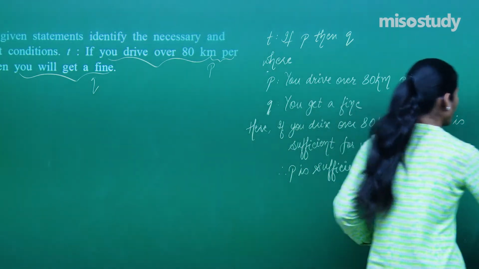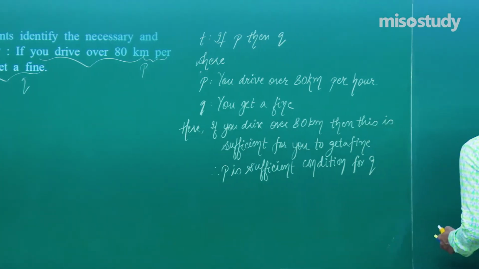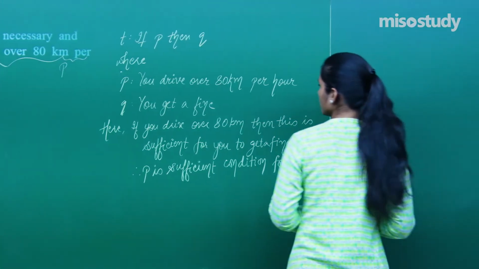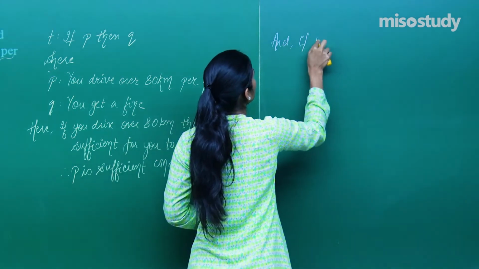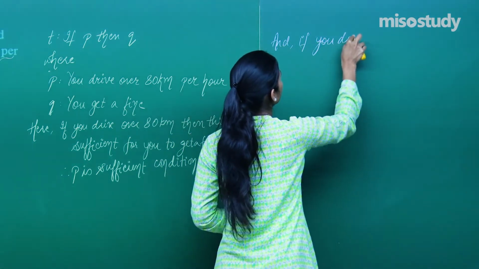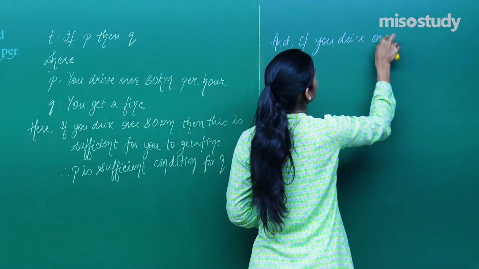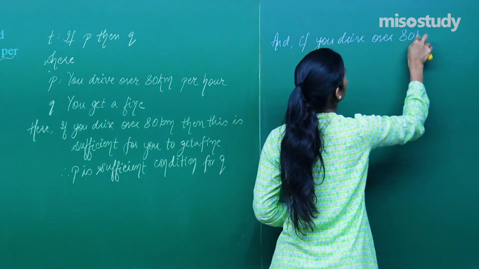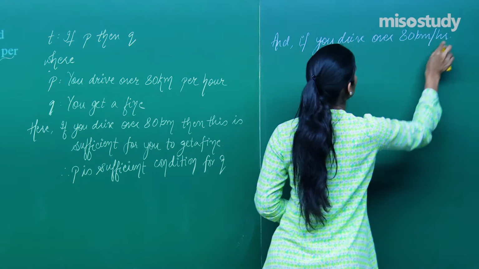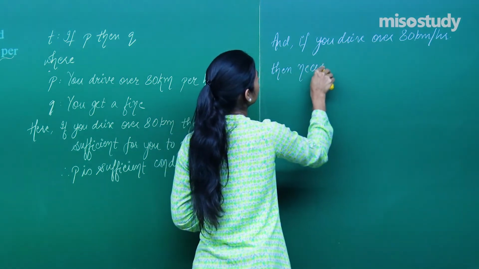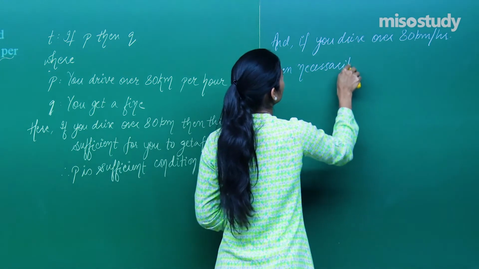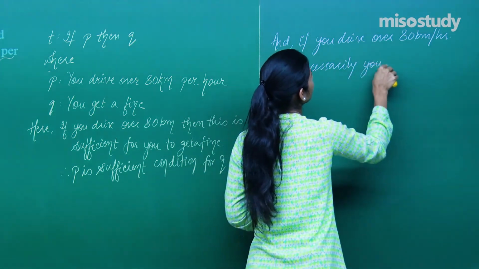And why am I saying Q is a necessary condition for P? If you drive over 80 kilometers per hour, then necessarily you get a fine.